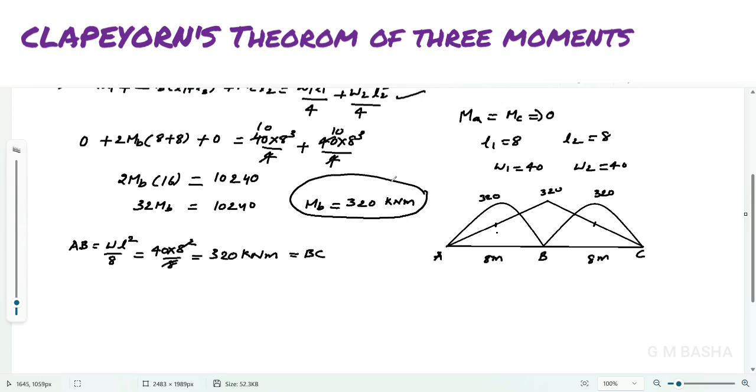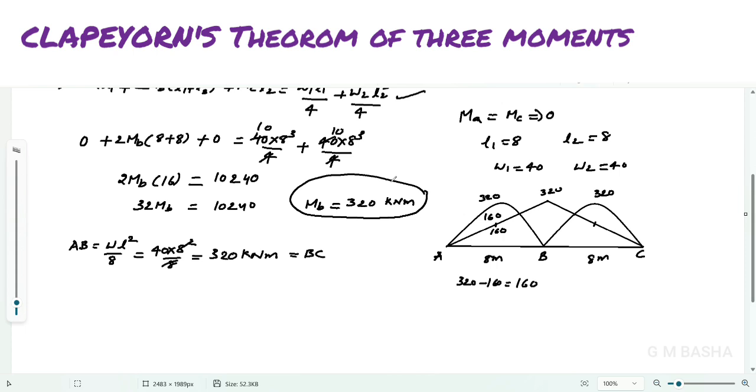Okay, so if you want the ordinate here, what will you do? You will take the average, 0 plus 320 by 2, you will get 160 here. Again 320 minus 160 will be 160 only. So this is your net bending moment diagram value.